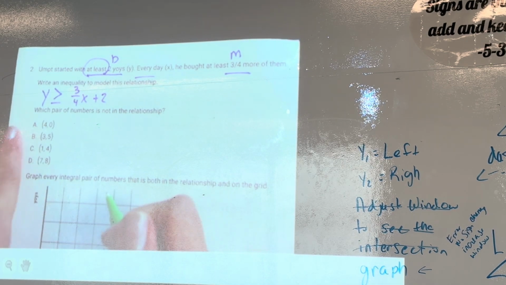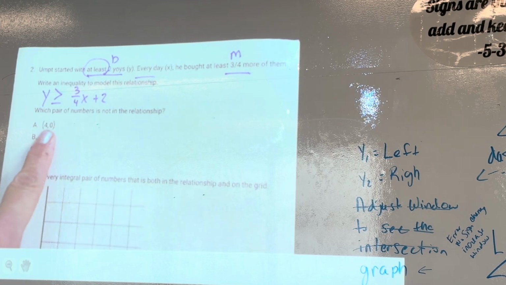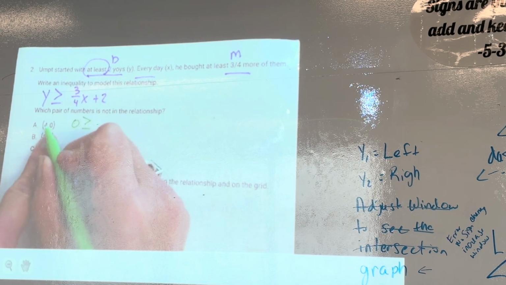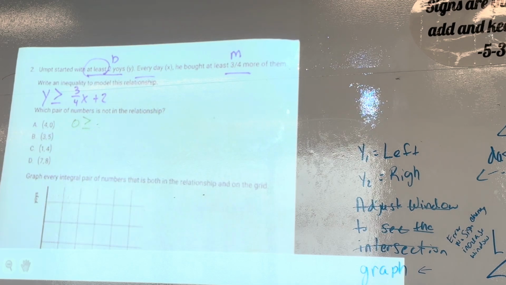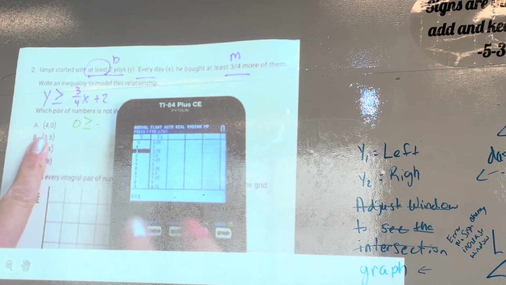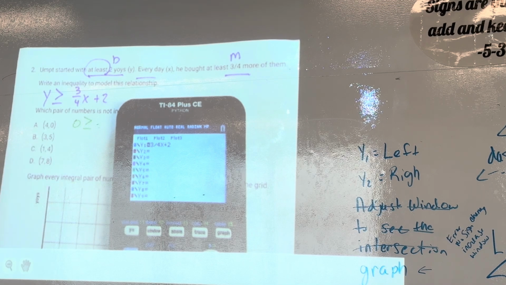Okay, on A, what is my y value? 0. So is 0 greater than or equal to, and we've got to put in 4 for x. So go to y equals and put in 3/4 x plus 2. We want to know when x equals 4, what is our y value?